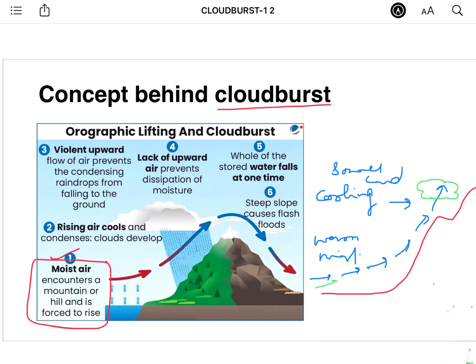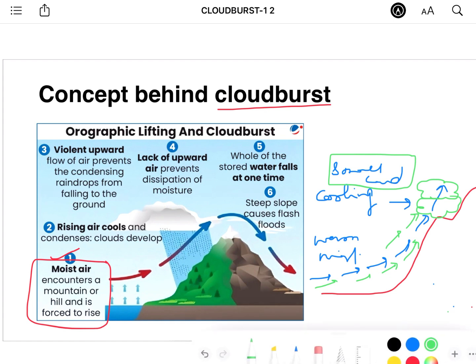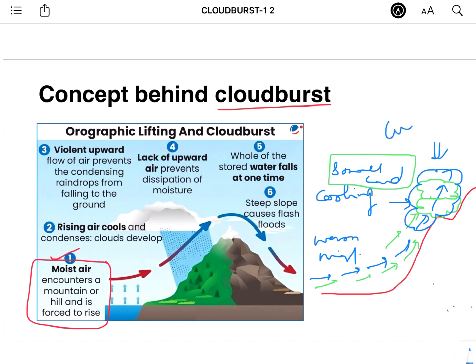A lot of air is coming. That air coming from the Arabian Sea and Bay of Bengal is not allowing those small condensed water particles to come down as rain. So again this cloud will further condense and keep increasing, and a cumulonimbus cloud will form.